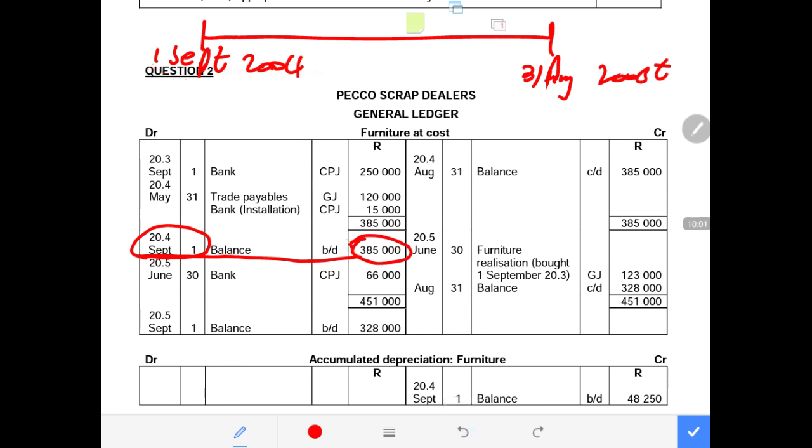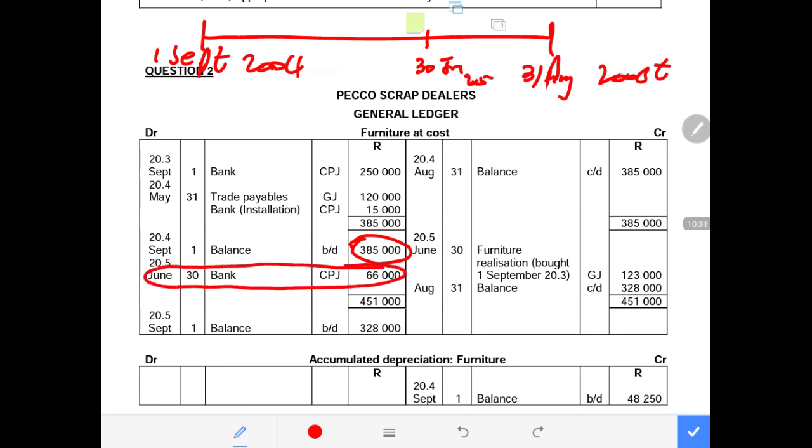Now that there is an opening balance, we can see that on the 30th of June 2005, somewhere around June, July, August, there was a transaction that took place, and that transaction affected the bank, meaning cash was affected. That transaction was a purchase of what?